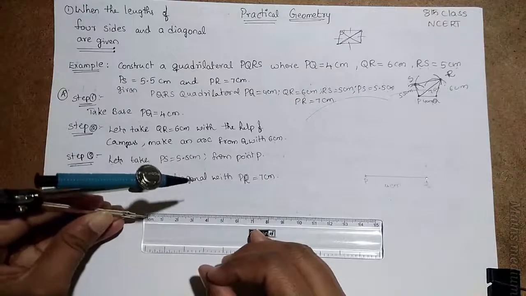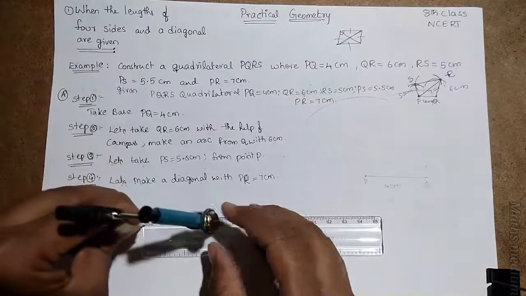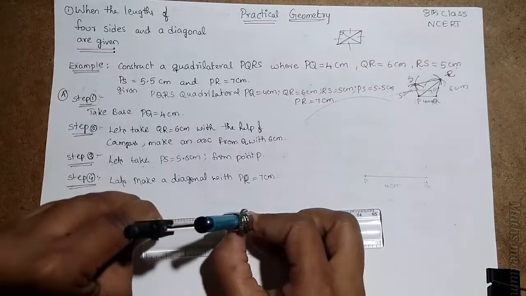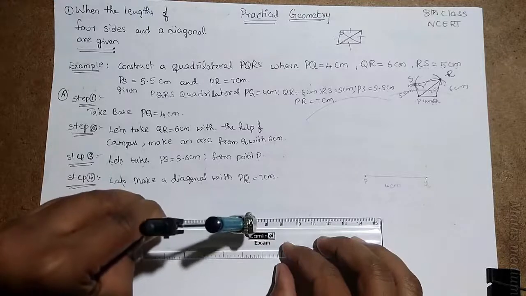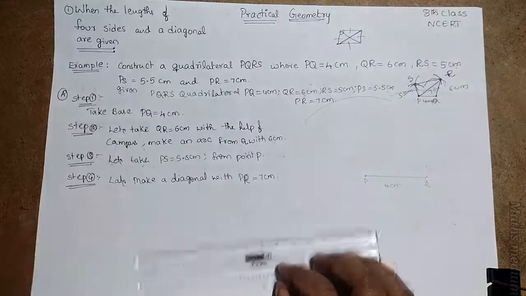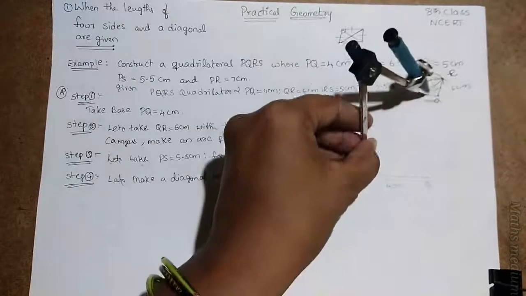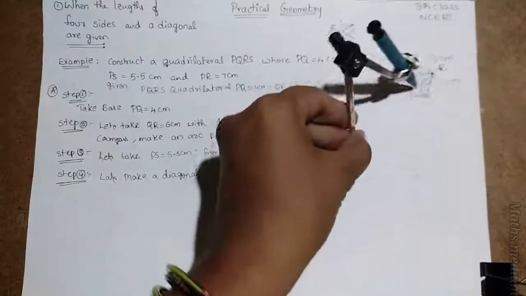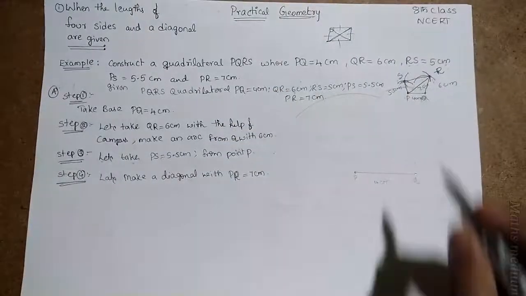So put the pointer at 0, and drag the pencil to 7 centimeters. So this is 7 centimeters, and draw from P like this, and we get a point here.